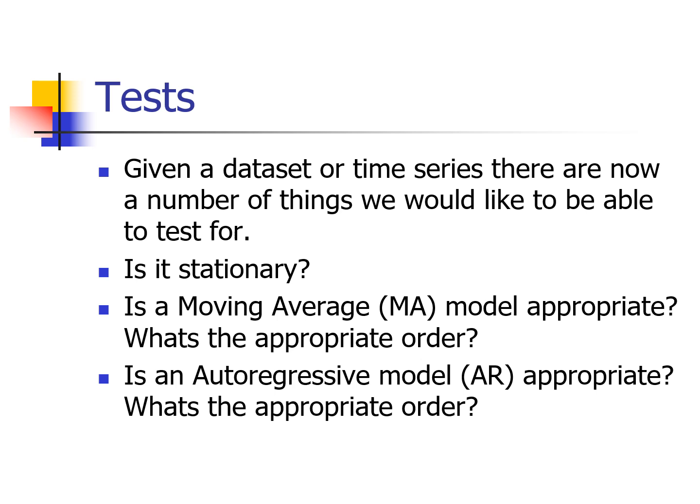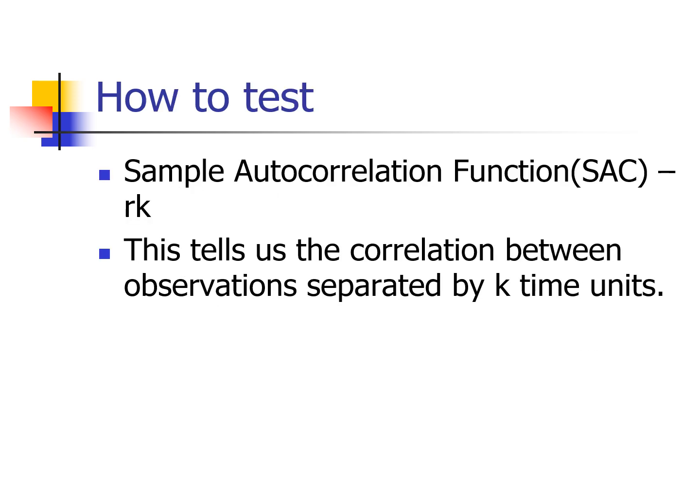Now, to answer the question about a moving average model or an autoregressive model, we need a particular tool. The main tool that we need is referred to as the sample autocorrelation function, often referred to as the SAC, sample autocorrelation, and also abbreviated R sub K. So R is our usual function of correlation.